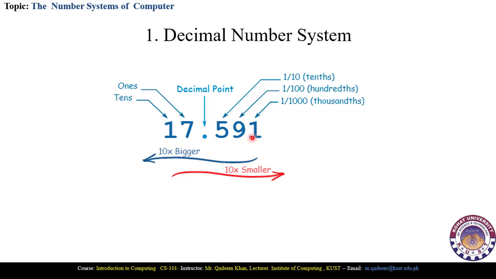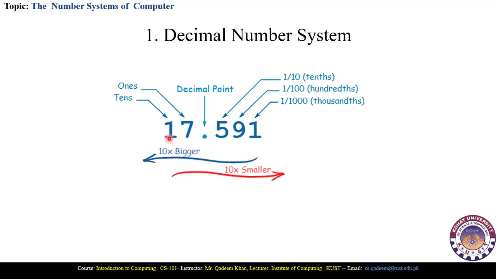And similarly, the last digit is 1 over thousand, because it represents 0.001. So that's why this is 1 over thousand. Moving towards the right positions, each is 10 times smaller, and moving left, each is 10 times bigger. So 10 is multiplied here.